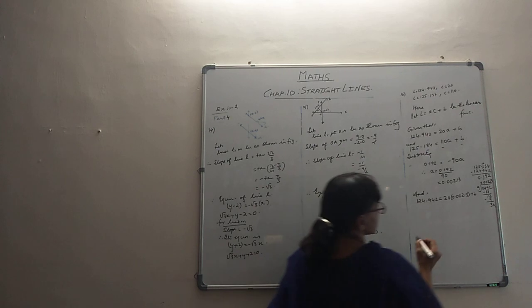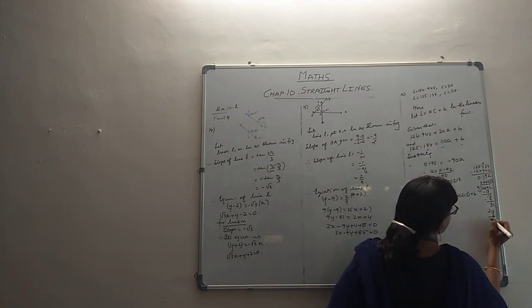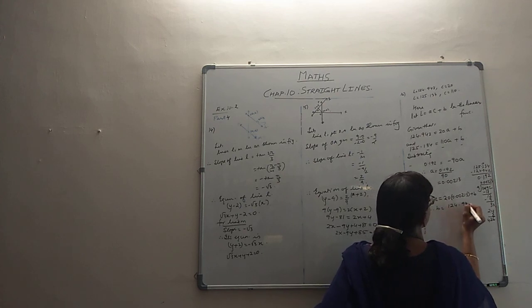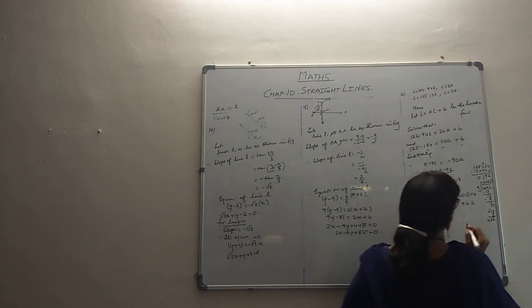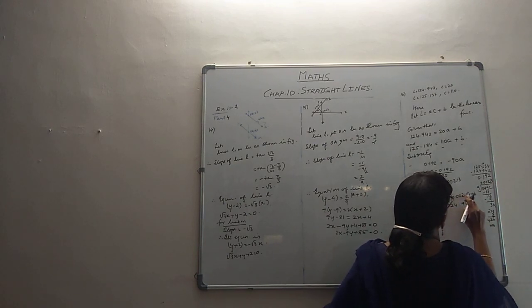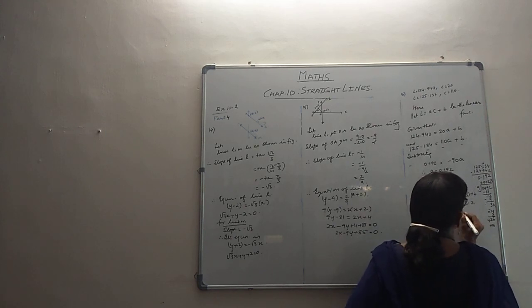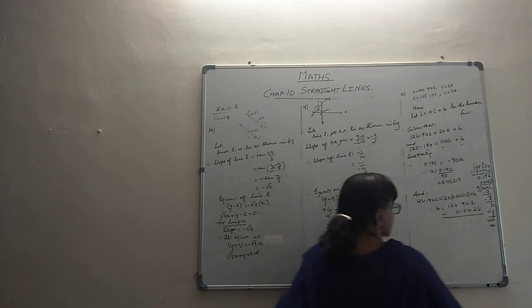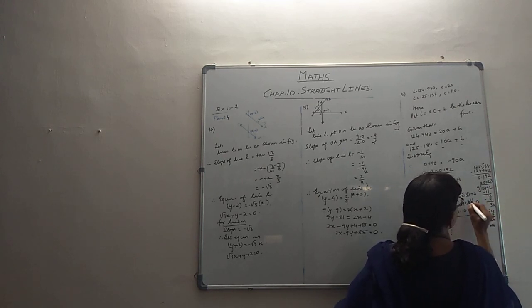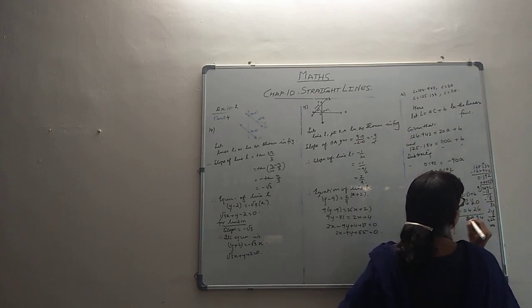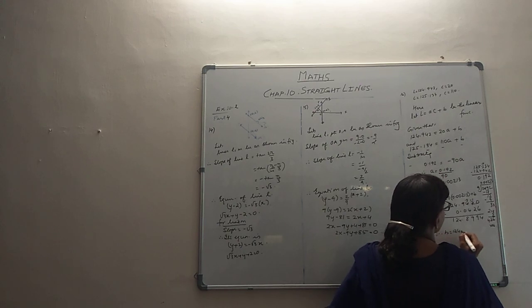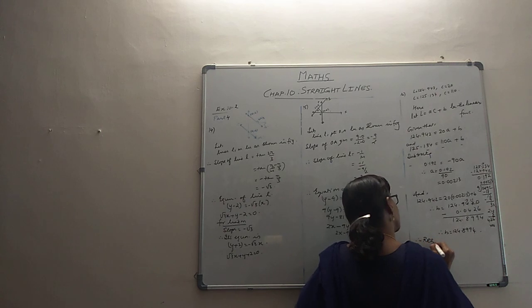We are attempting to find b. 20 times 0.00213 is 0.0426. So b will be 124.942 minus 0.0426, which is 124.8994. So b will become 124.8994.